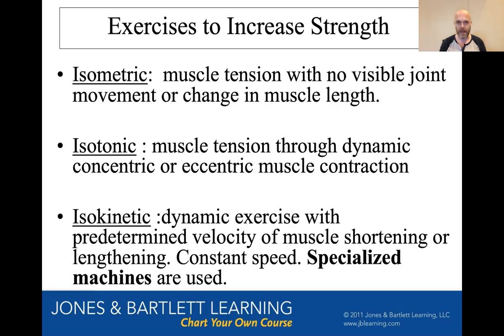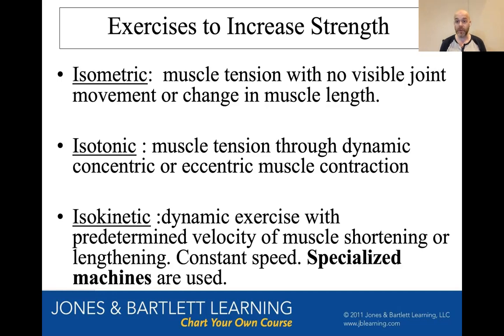Let's go back to isotonic. Isotonic is a dynamic concentric or eccentric muscle contraction. So most of our contractions that we perform every day are going to be isometric, concentric, or eccentric.